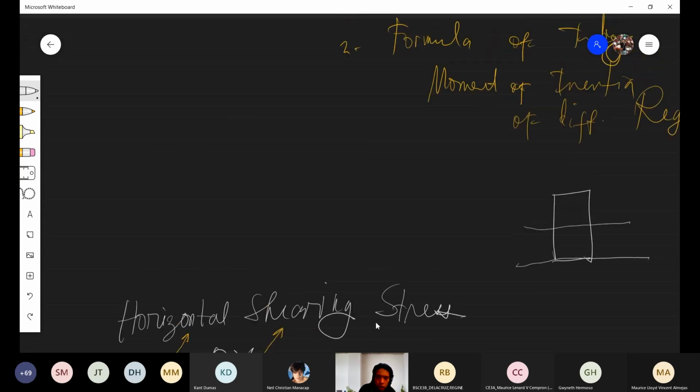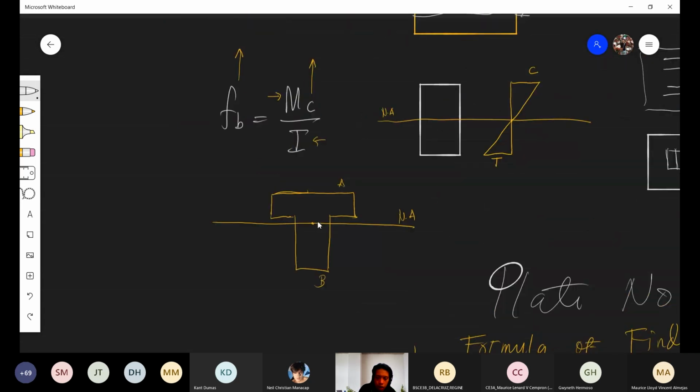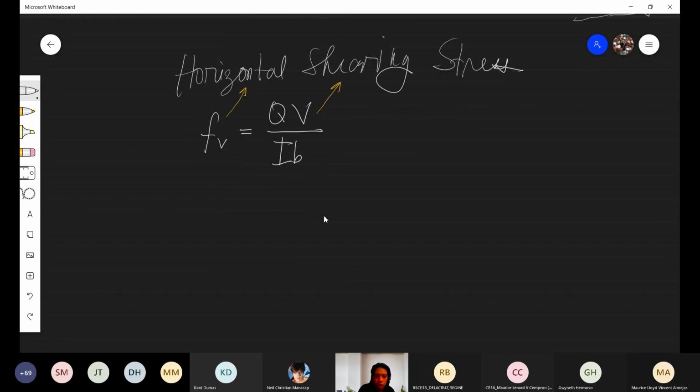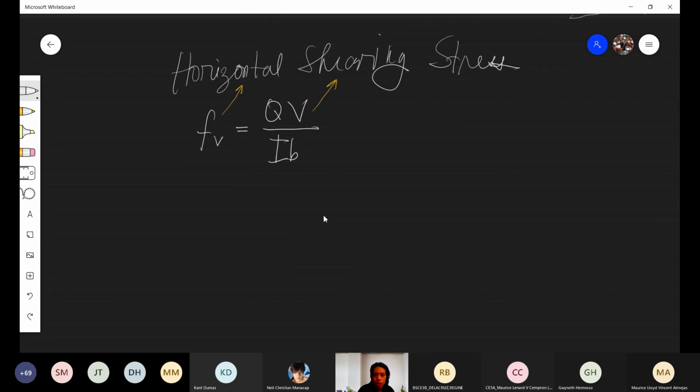Okay. Ito nga mga I, the I of the section with respect to its neutral axis. Kaya ito nga mga I is the I with respect to the neutral axis, and we all know naman that the neutral axis is the axis that passes through the centroid of the section.